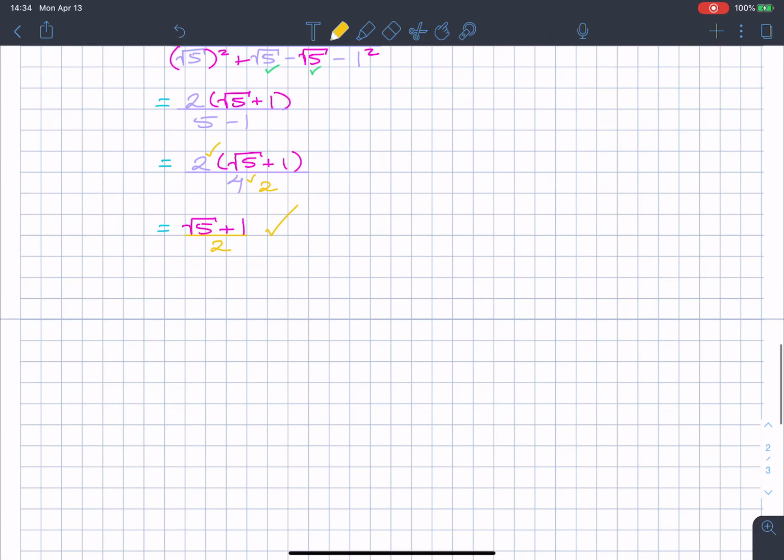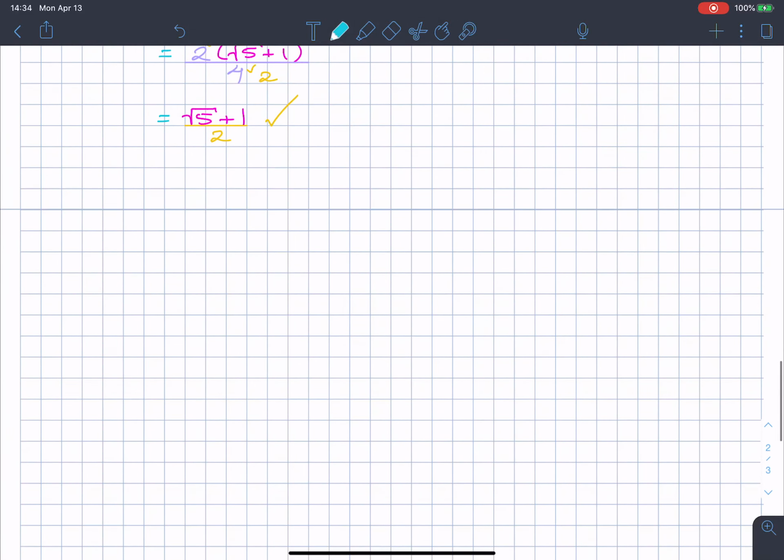Okay, so definition. The Fibonacci sequence, that's what we're defining.